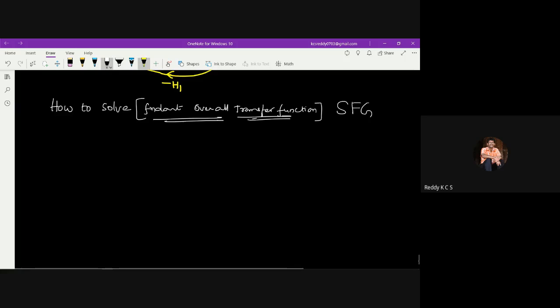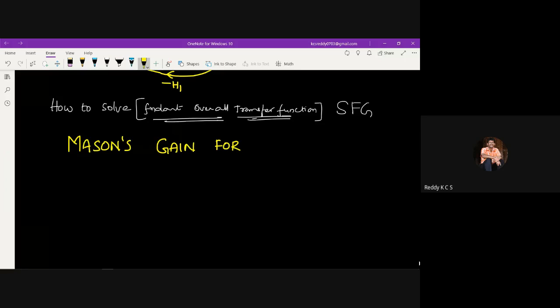For that, one method is there, called Mason's gain formula. In the block diagram, we applied the block diagram reduction rules.